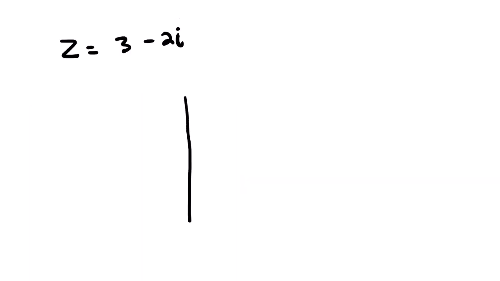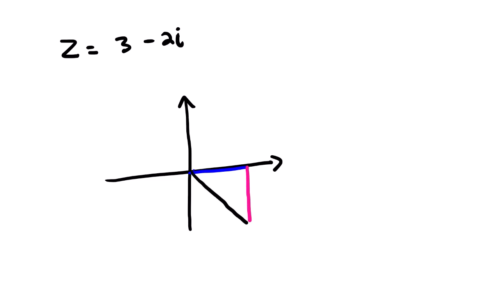Our next example is z is equal to 3 minus 2i. So you can see we have 3 units to the right, then we have 2 units downwards. Since it's negative, then our modulus will be here. This we have 3, we can see this is negative 2.